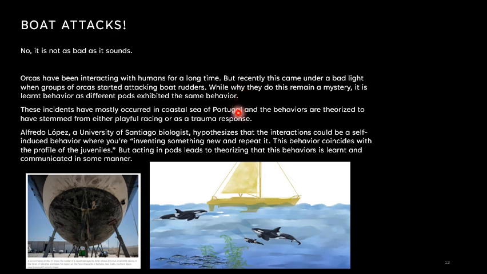However, it is important to notice that this happened in a group setting. Orcas started attacking one by one, and it spread to other orcas, and it started happening everywhere. This can be presented as some evidence that orcas do communicate amongst each other, and they do learn from one another.